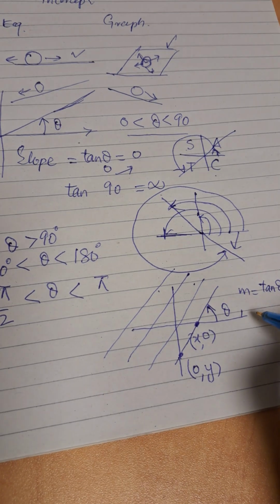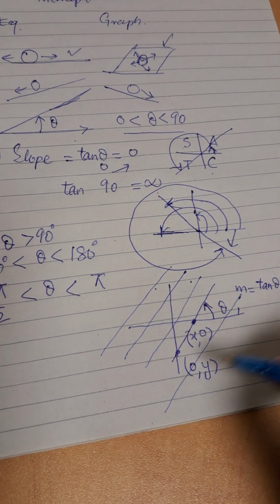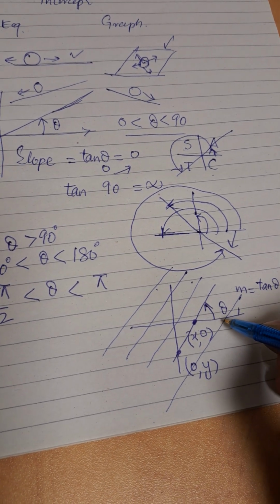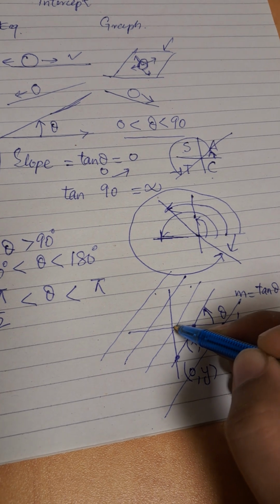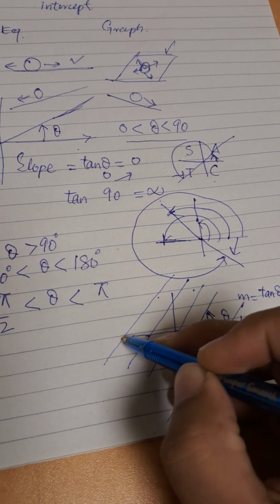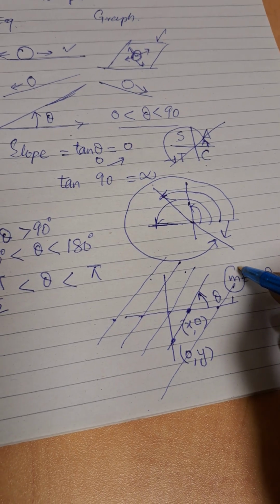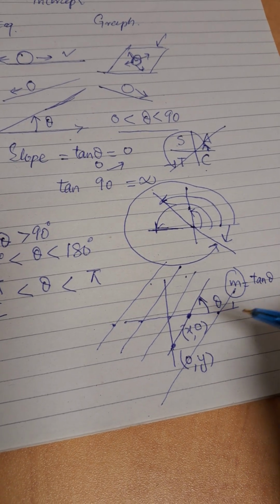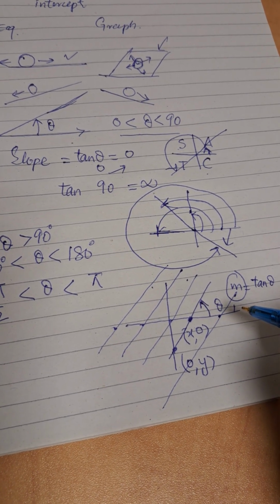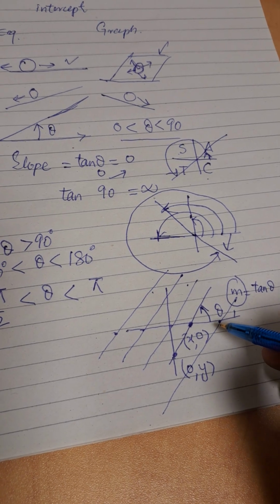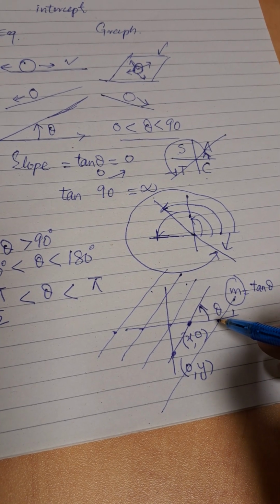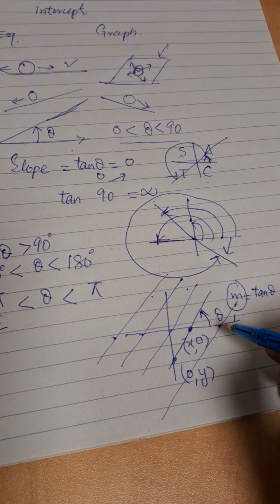So I can draw an infinite number of lines going through here. But for all these lines, the intercept is different. So for the same slope, there can be a family or a range of lines. But if we restrict the intercept as well, we would have only one line.